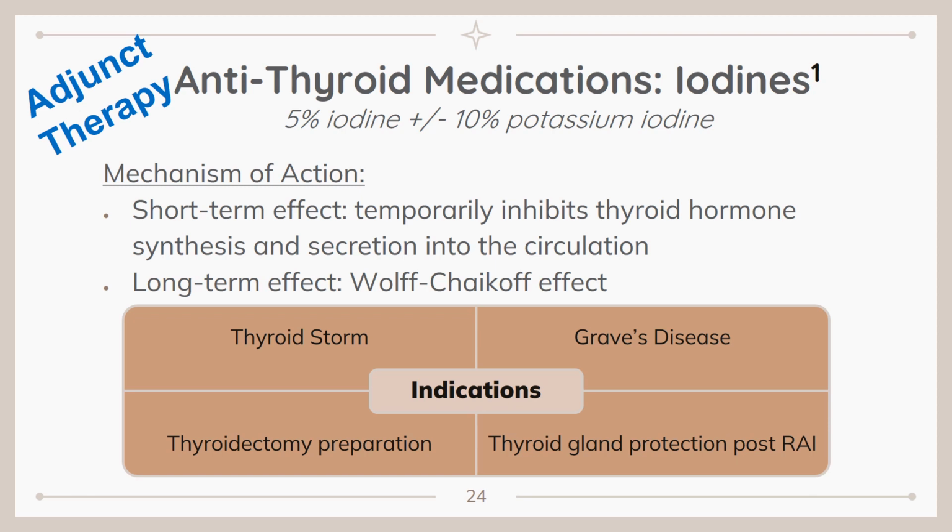But patients with autoimmune dysfunctions or autoimmune thyroiditis may fail to adapt to that drop in thyroid hormones and become hypothyroid, so the opposite problem. Some indications for this therapy would include thyroid storm, Graves' disease, thyroidectomy preparation, or thyroid gland protection post-RAI.